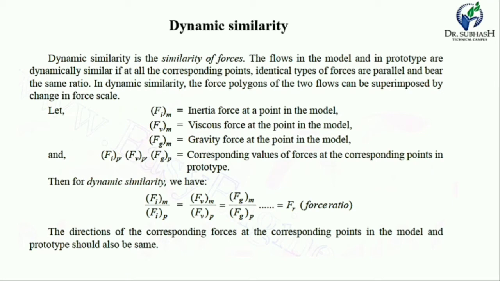Now, for dynamic similarity, we discussed that the ratio of inertia forces for model and prototype is equal to the ratio of viscous forces for model to prototype, and the ratio of gravity forces for model and prototype at a corresponding point must be the same, or constant.